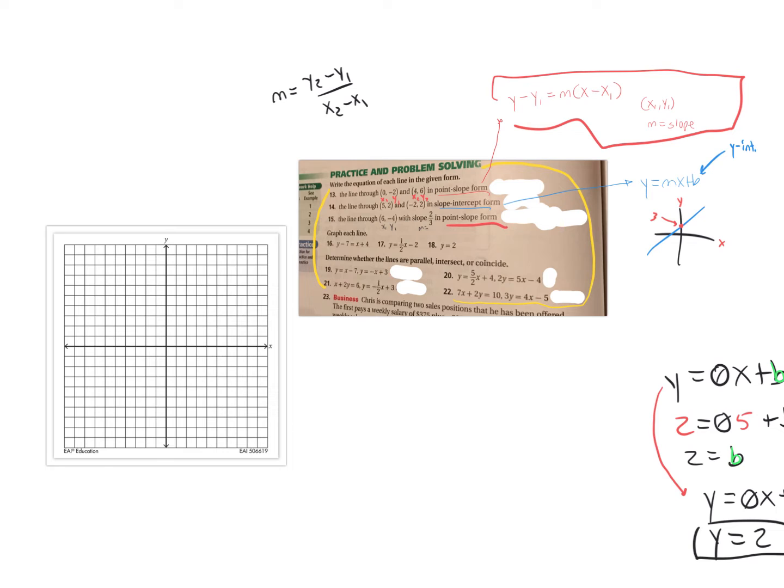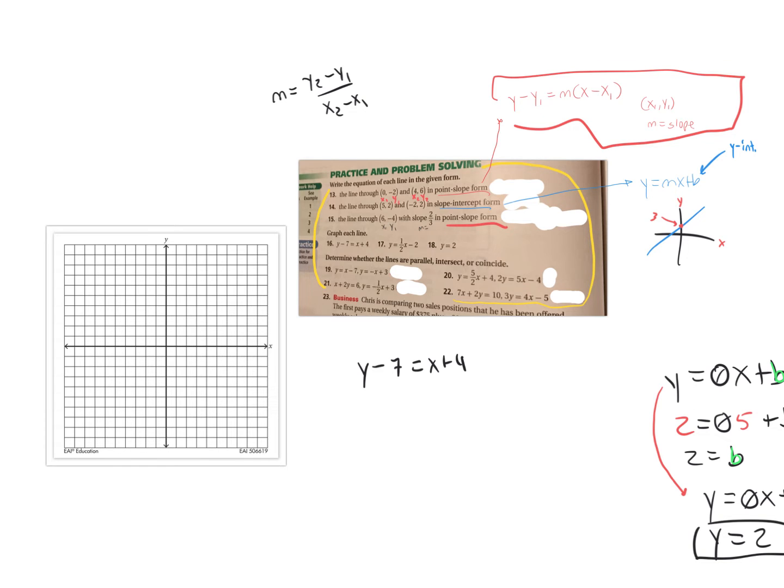Okay, so now looking at problem number 16, they want us to actually graph the line. So it's y minus 7 equals x plus 4. Now, one thing we could do is just convert this. This looks like it's in point slope form, but we could convert that to slope intercept form because if you convert it to this structure, it's pretty easy to graph after that.